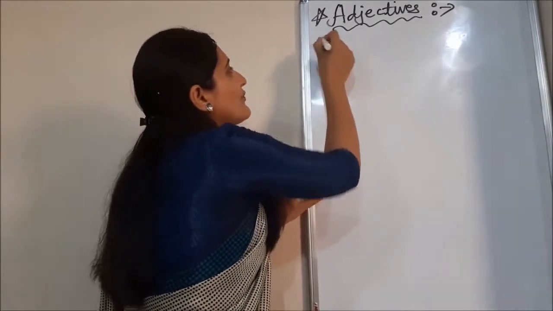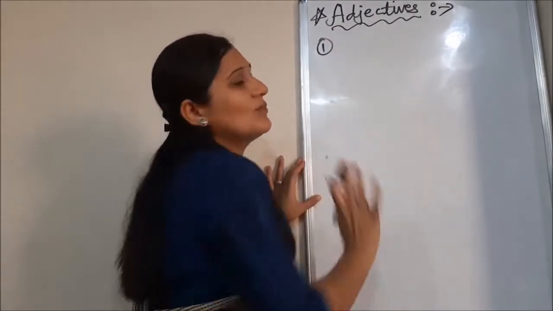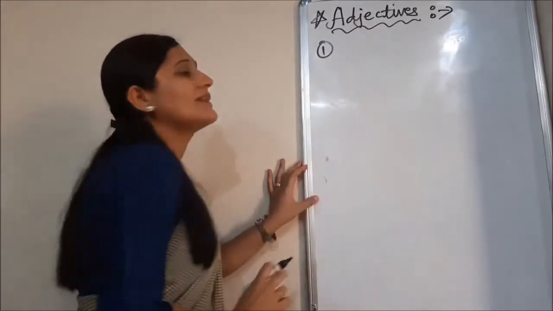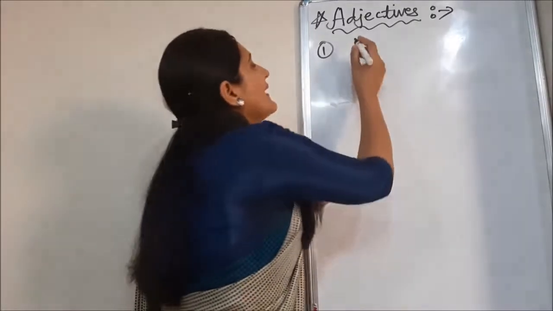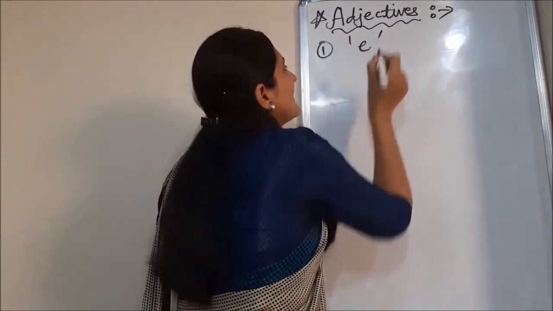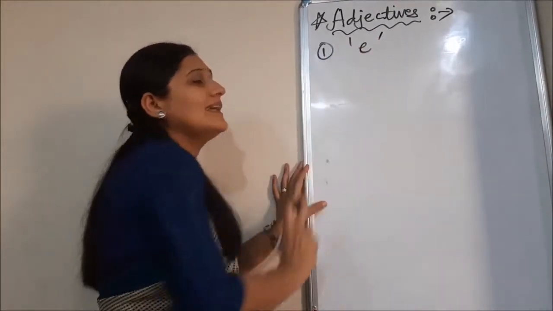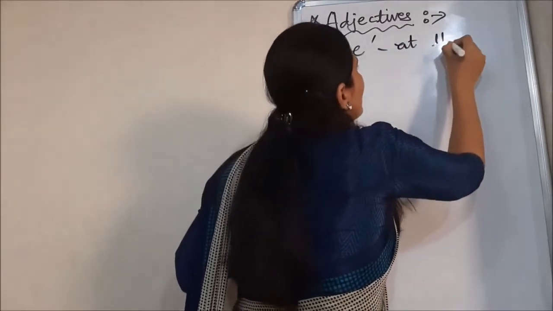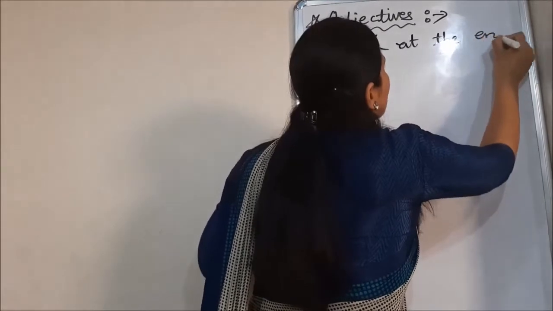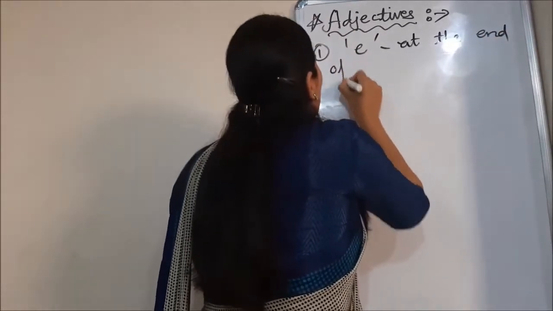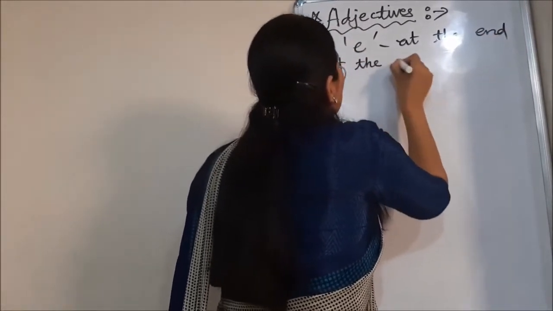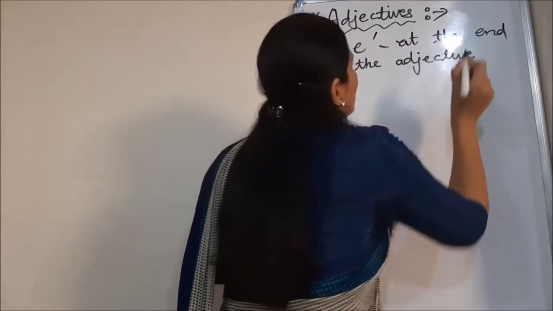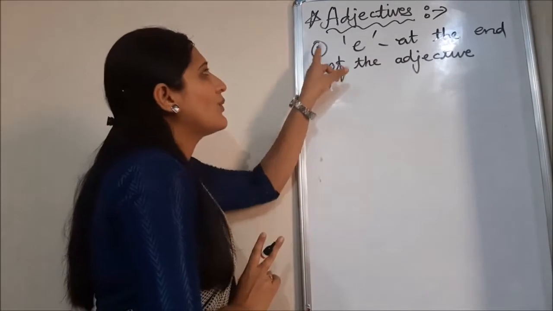Now there are 5 methods of adjective for the degree in English. So let me start with the first one. If there is E at the end of the adjective, see, that is the first rule of our adjective.